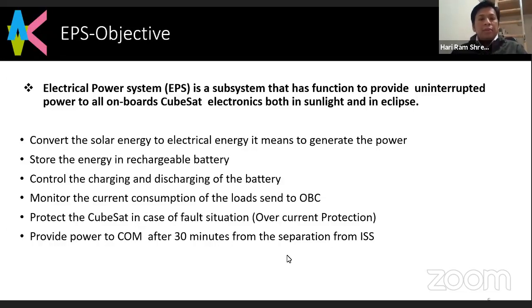Our main basic point is that when we send our satellite to orbit via the ISS, we need to make sure, fully confidently, that only after 30 minutes will it start and give power to communicate with the ground station.